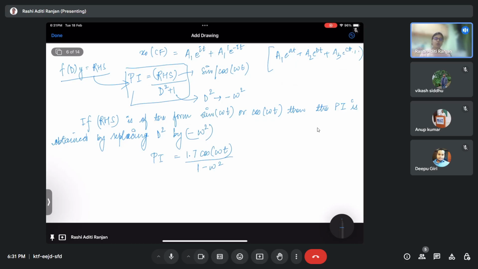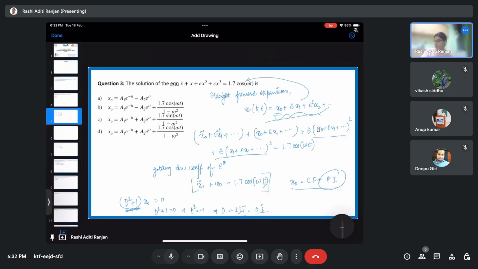Now if I want to write my whole solution, which is nothing but x naught of complementary function plus x naught of particular integral, it will be a1 e to the power iota t plus a1 dash e to the power minus iota t plus 1.7 cos of omega t by 1 minus omega square.